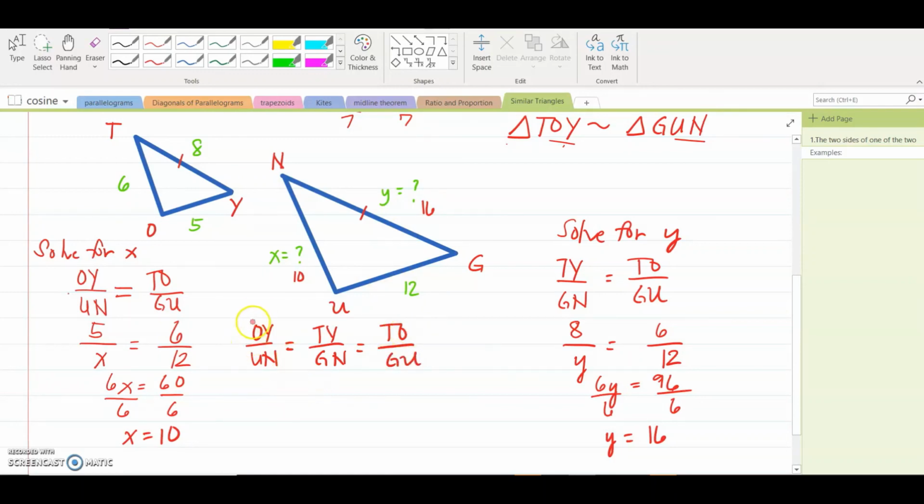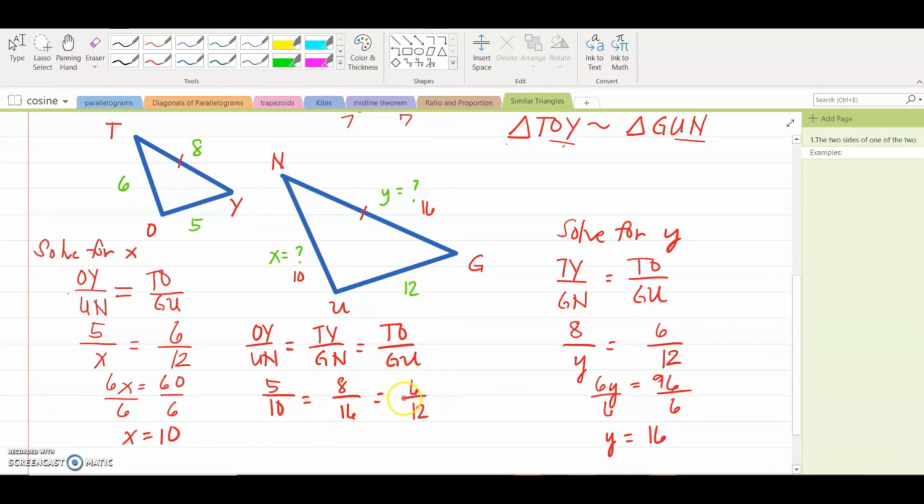Then replace all the values. So OY we have 5 over 10. TY you have 8 over GN, which is 16. Side TO is 6. GU is 12.